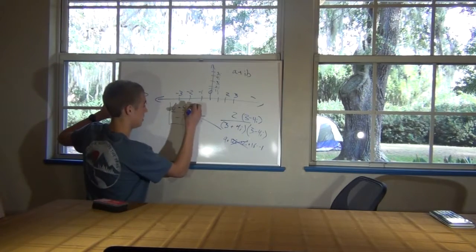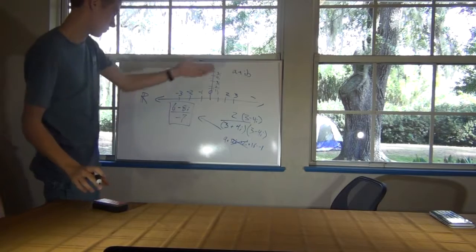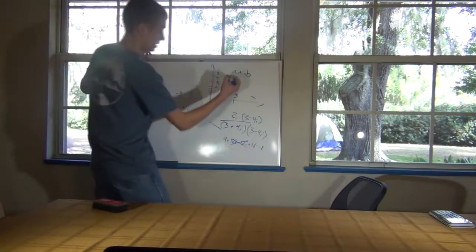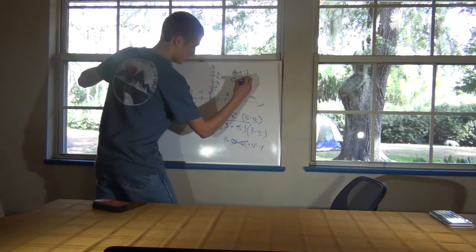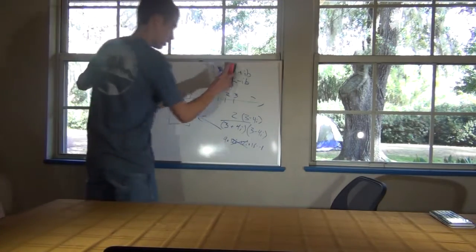There you go. And that's how you take your imaginary number out of a denominator. You just find the conjugate, which is just a minus, and then that makes it a real number.